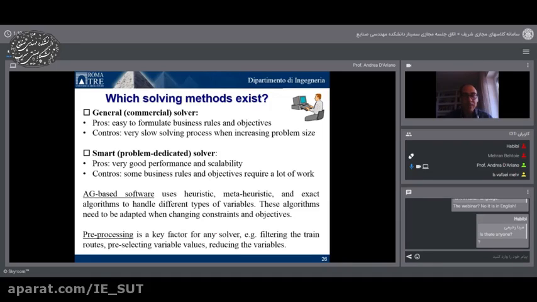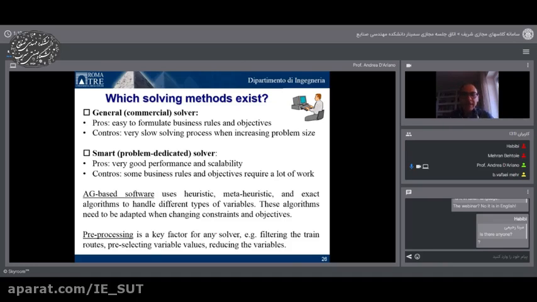For example, if a train has to be sequenced with another train, but the second train is coming much later in the future, then of course the first train that arrives at the resource will go first. So sometimes you can pre-select variables, and other times you can even reduce variables.